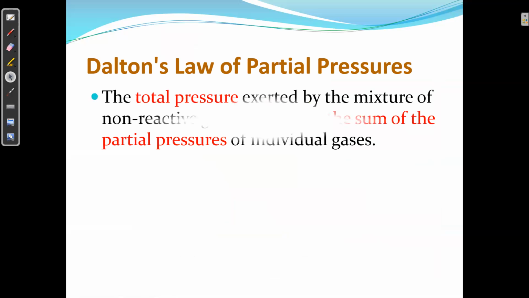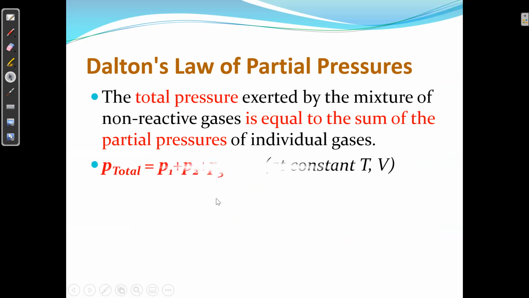Now this is the definition: the total pressure exerted by a mixture of non-reacting gases. There is one condition: the gases should not react with each other. If you take two gases which may react with each other, then this law will not be applied. So the total pressure exerted by a mixture of non-reactive gases is equal to the sum of the partial pressures of each gas.